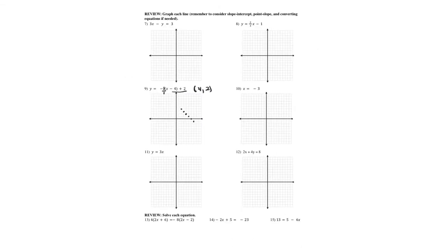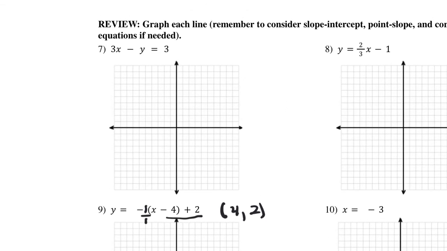If I zoom back out, a question like number 7, you have to do what we've been doing to solve and get y by itself. So I see something being added or subtracted. I would need to subtract 3x from both sides. And then from there, I'm close. Remember, these are not like terms, so they cannot be combined.